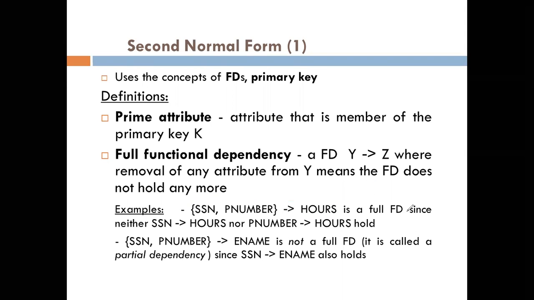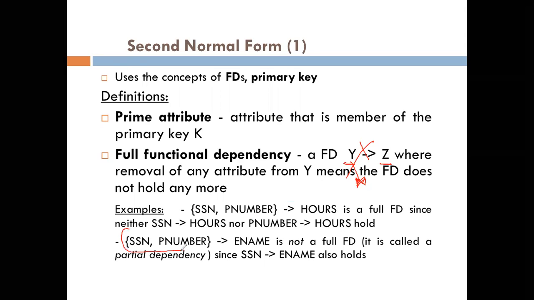So if a functional dependency is like this, y and z, if I remove one attribute from y and still the functional dependency holds, then it is not called as fully functional dependency. If I remove any one attribute from y, then the functional dependency doesn't hold, then that is called as fully functionally dependent.